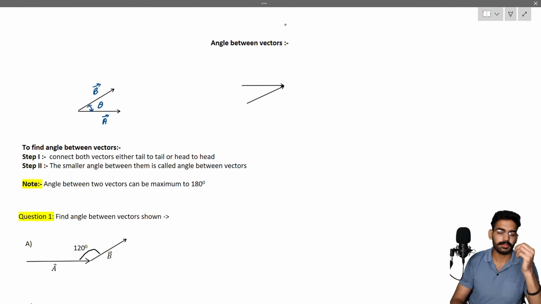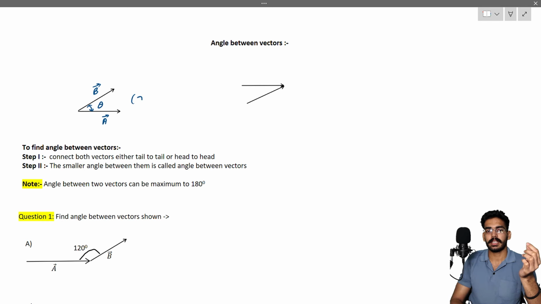So for finding the angle, I have told you that you can parallelly shift the vectors, right? So you will parallelly shift the vector and you will connect the tail to tail. This is the tail to tail connection, or you do head to head.